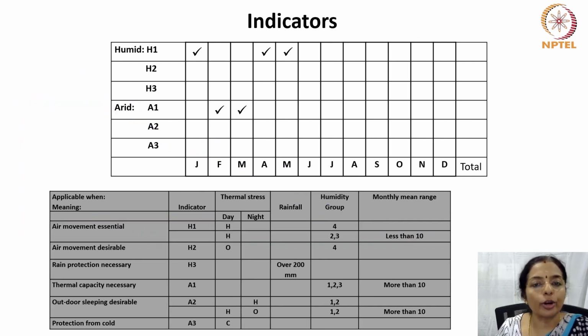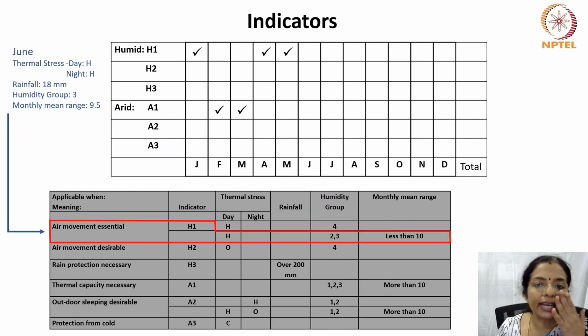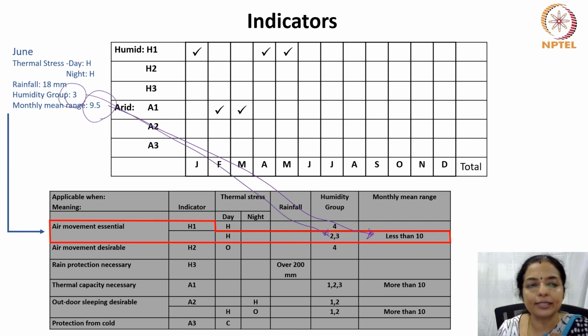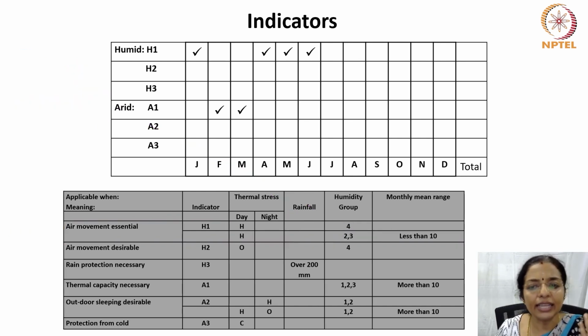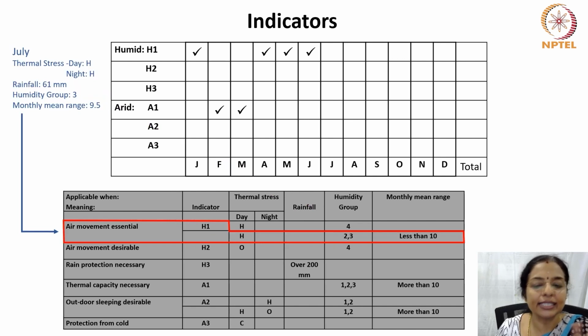For the next month again, we get data which says monthly mean range is less than 10. 9.5 is less than 10. Then you have humidity group of 3, which again fits this bill, and therefore we will say air movement is essential. Then we will look at July similarly, and we will fill air movement is essential.